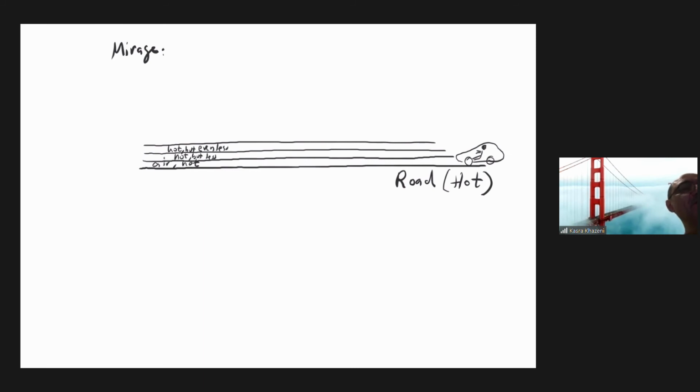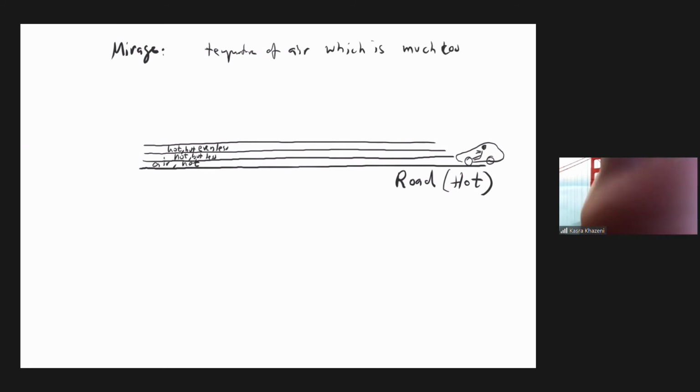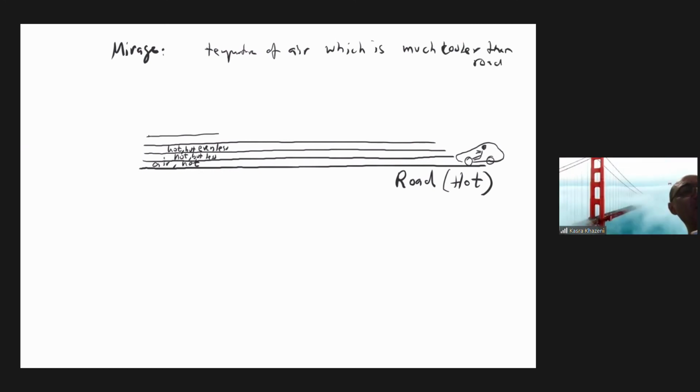And finally, of course, this is the temperature of air, which is much cooler than the road. So as you go up, temperature goes lower and lower and lower.